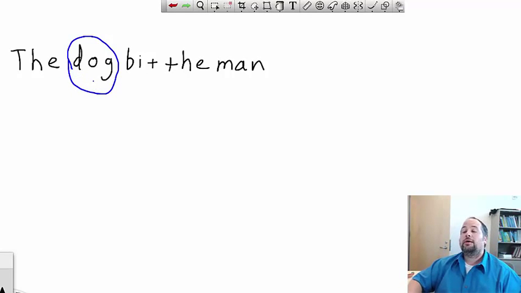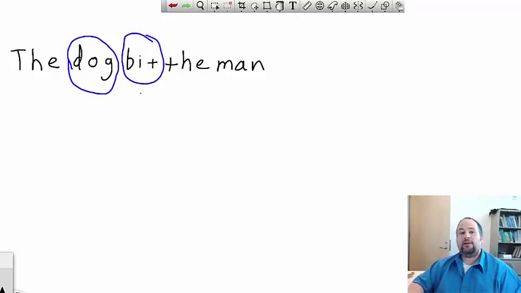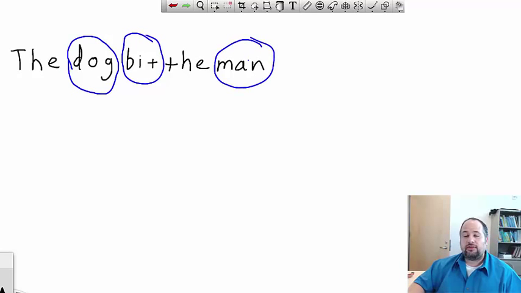And we know that because it's the first thing. And we also know it by the case of the action, right? Bit instead of has bitten. There are a few different ways we can phrase the action that might indicate who is the subject. But we know, based on the ordering, that the dog is the subject here. And we know that the man is the object because he is the one that's acted upon.